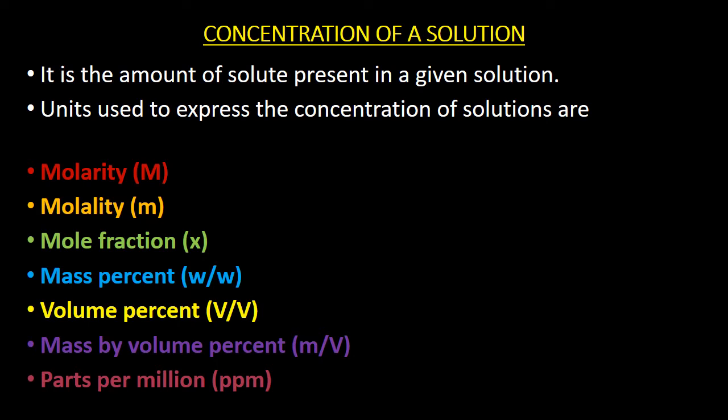The concentration of a solution means the amount of solute present in a given solution, and the different types of units used to express the concentration of solutions are molarity, that is capital M, molality denoted by small m, mole fraction denoted by small x, mass percent W by W, volume percent V by V, mass by volume percent M by V, and parts per million, that is ppm.